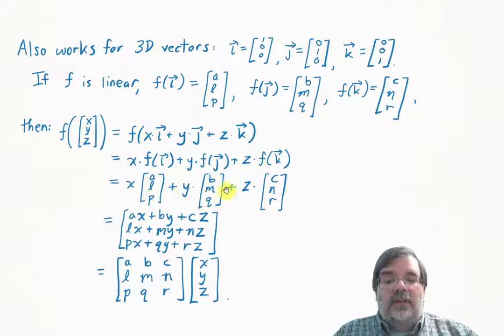Then do your scalar multiplications and your vector additions to get this expression. Once again, this looks like dot products, so we could write this as a matrix times a vector. Right? So linear functions, no matter how many dimensions you have, linear functions correspond to matrix multiplication.